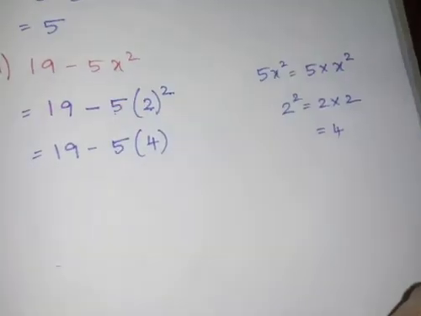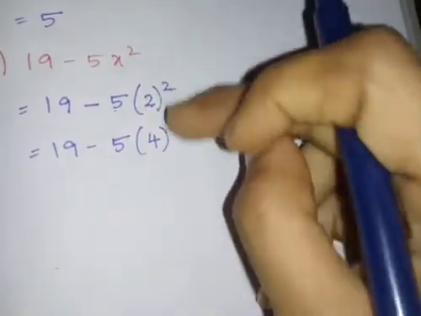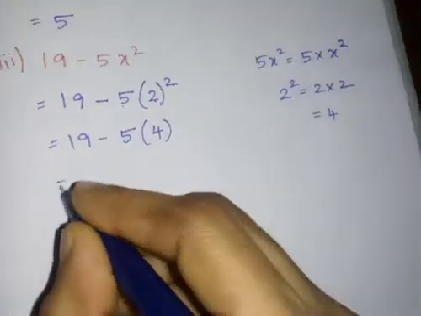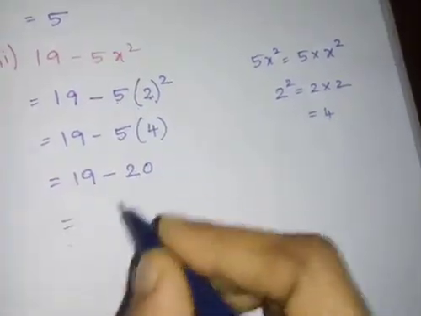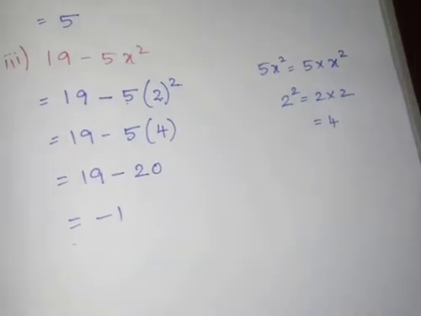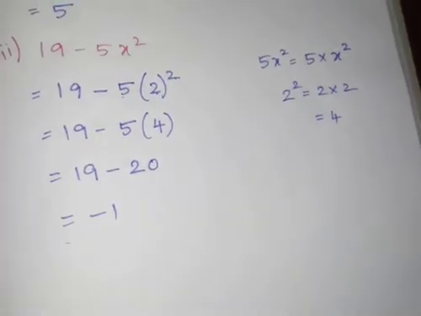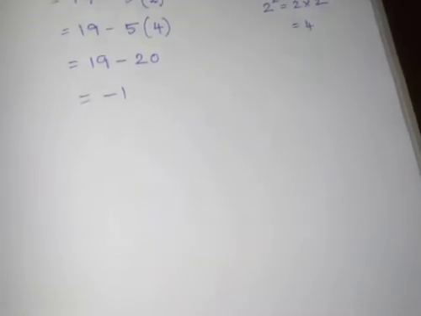I am putting it in brackets again: 19 minus 5 4s are 20. 19 minus 20 is minus 1. So the value of the expression is minus 1.